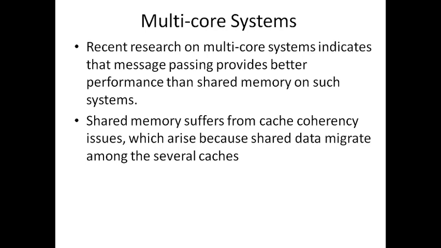It's a problem where the content of the cache memory available in one CPU is not available in some other CPU. So that leads to poor performance, which is referred to as the cache coherency issue, that is found to be prevalent in the case of shared memory based implementation, but it is not there in the case of message queues.